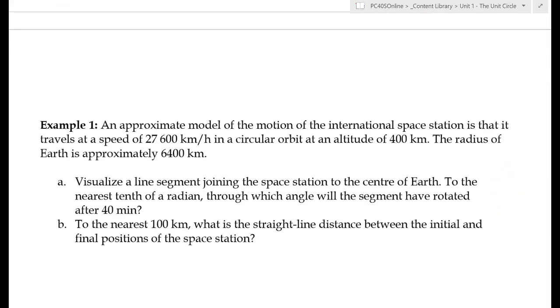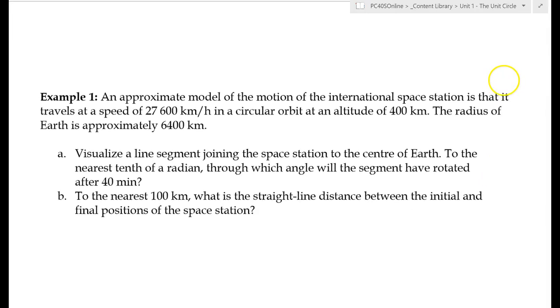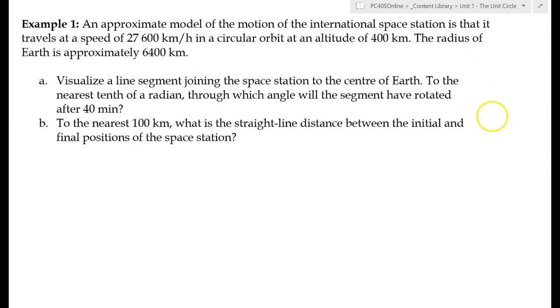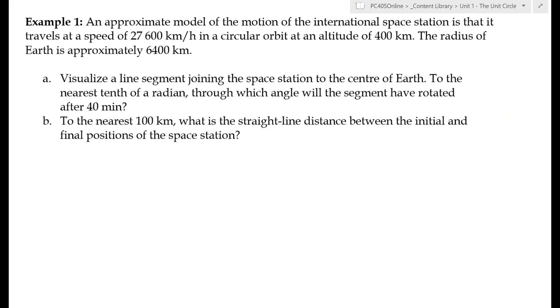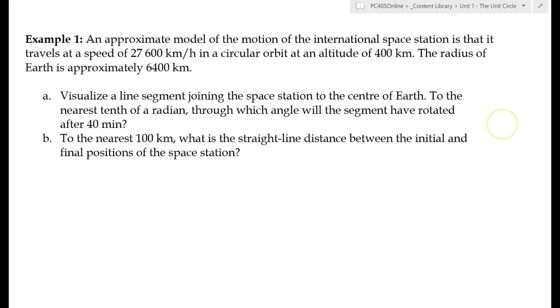So using all that information above and using those exact set values, we have a word problem, and we can try and apply our understanding of radians and those set values to figure this out.